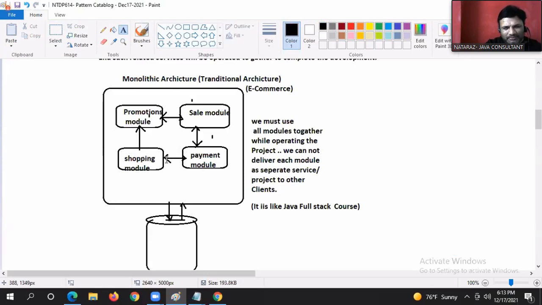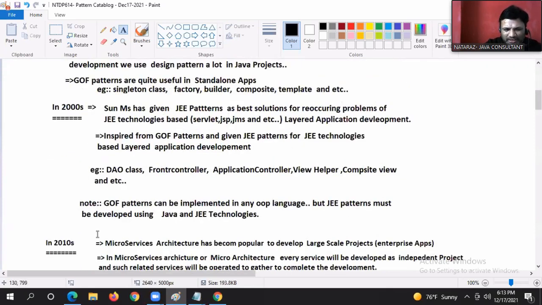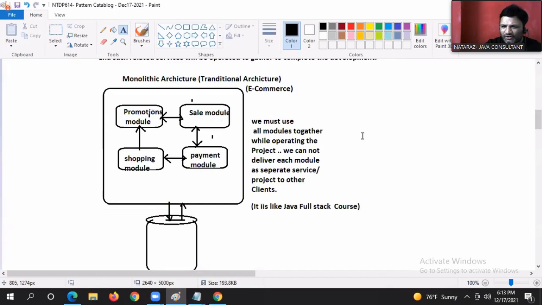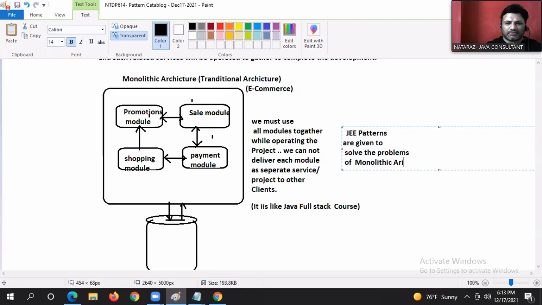Addressing problems of these layered application monolith architecture, we have JWE patterns. Understanding my point? JWE patterns are given to solve the problems of monolithic architecture projects.